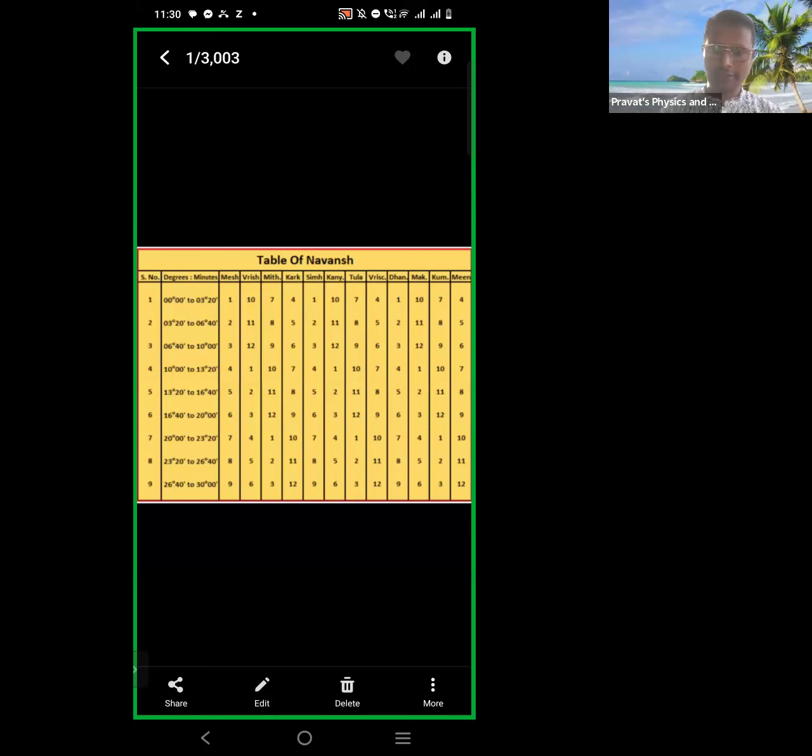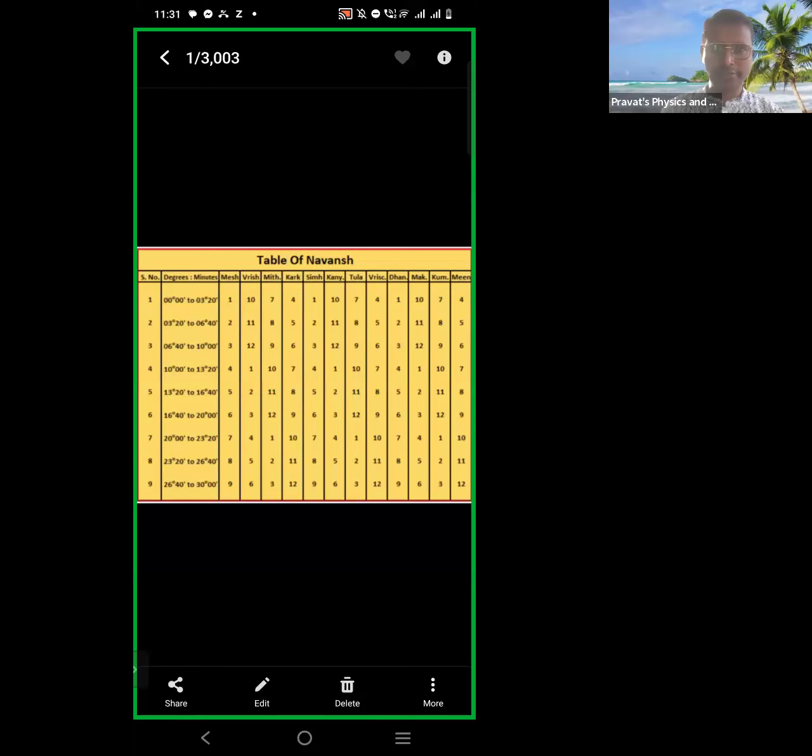So 0 to 3 degree 20 minute is the first division. 3 degree 20 minute to 6 degree 40 minute is the second division. 6 degree 40 minute to 10 degree is the third division. 10 degree to 13 degree 20 minute is the fourth division. 13 degree 20 minute to 16 degree 40 minute is the fifth division. 16 degree 40 minute to 20 degree is the sixth division.